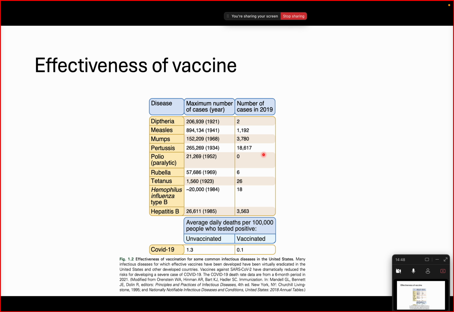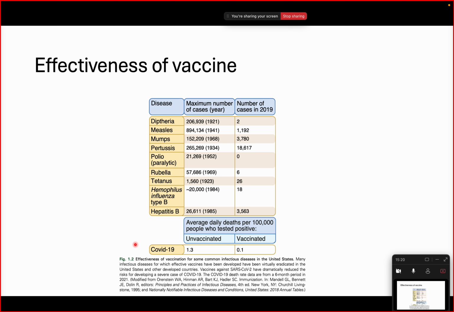Okay. Similarly, if we take the most recent pandemic which we faced, it was COVID-19. So in COVID-19, among patients who were not vaccinated, the number of daily deaths, which means if 1 lakh individuals are affected per day, among those 1 lakh individuals who were not vaccinated, around 1.3 of them were dying.